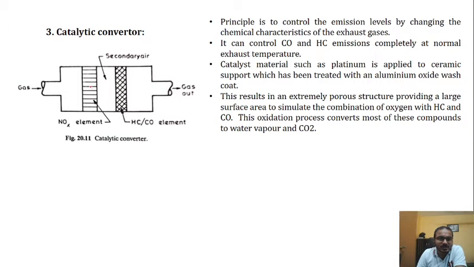The first element is the NOx element, and the second is the hydrocarbon or carbon monoxide element. In between we are providing secondary air. So the fundamental principle is to control the emission levels by changing the chemical characteristics of the exhaust gases.